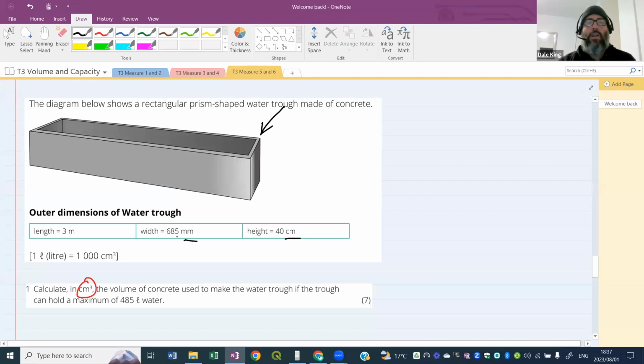So if you convert the width to centimeters, it won't look that different. Careful, guys. They want the volume of concrete. So you see the boundary, this gray, the thickness of concrete that makes up this trough, not the inside, the boundary that makes this trough. They want to know its volume.